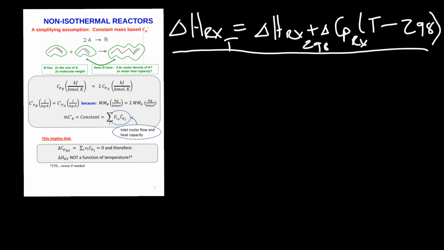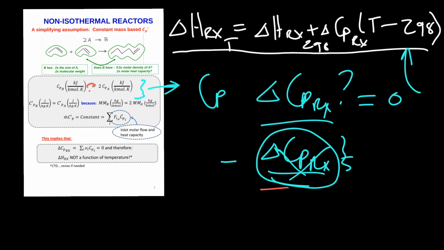So here, the molar mass of B is double the molar mass of A. So we can assume that the energy carrying capacity of B per mole is double that of component A. So what we must just make sure is that we write this as a more or less equal to that.